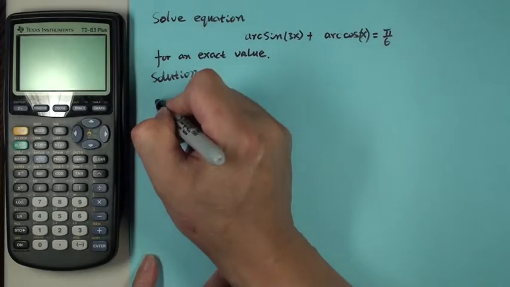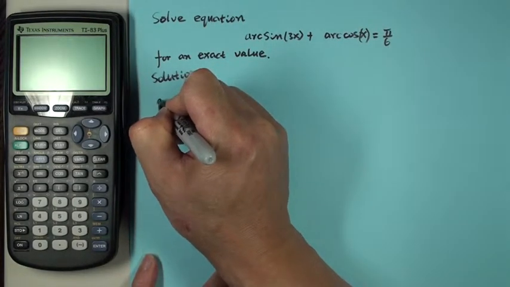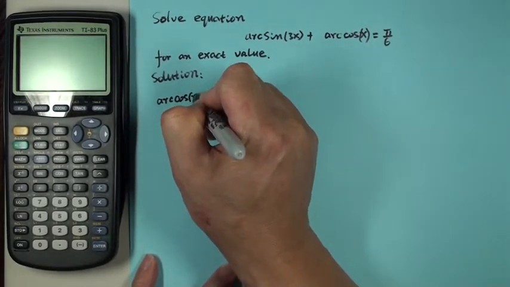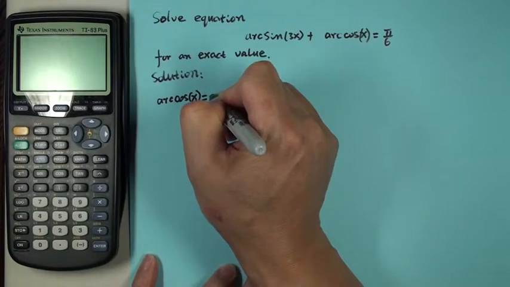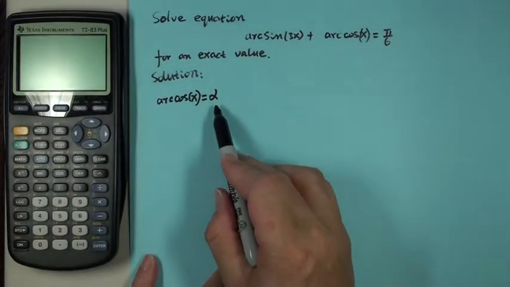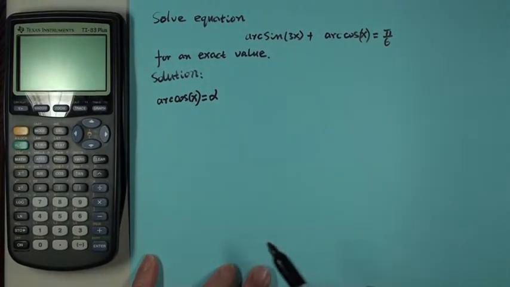something right here first. We know arc cosine x always stands for an angle. Angle we like to use alpha, beta, gamma to represent that.